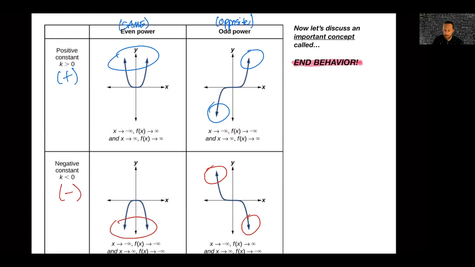And what we're really talking about, if we're looking left to right, is how do the y's behave? And as you can see, my y values are getting bigger and bigger and bigger. We call that an increasing graph, right? Which means when it is an odd power function that has a positive coefficient in front of it, from left to right, it's going to end up being the positive direction.